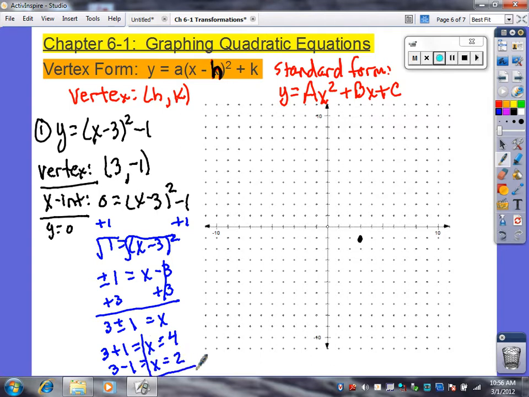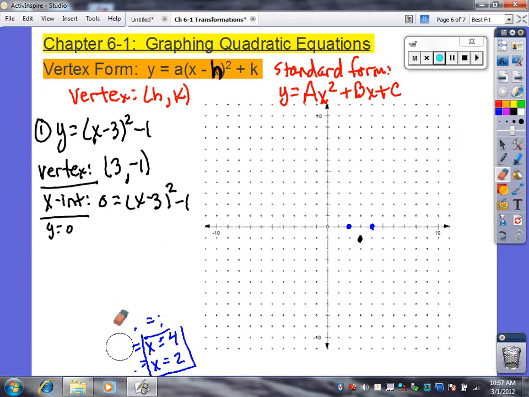So here are our two x-intercepts: one at 2 and one at 4. So there's the process of the x-intercept. Our x-intercepts are x equals 2 and x equals 4. You can pause and go back anytime you need to.